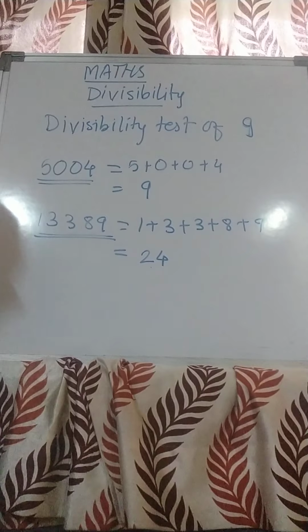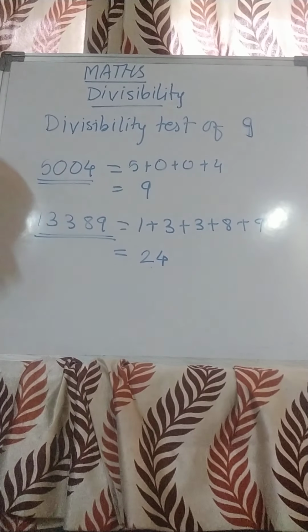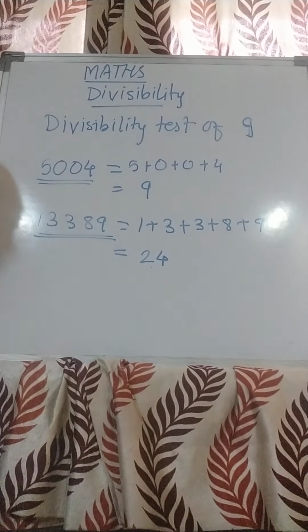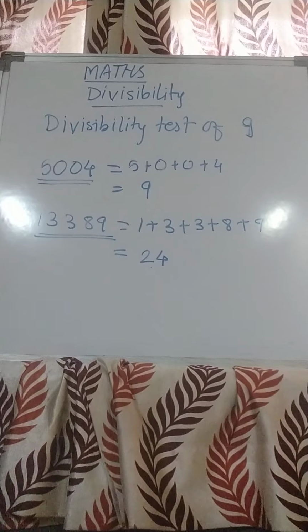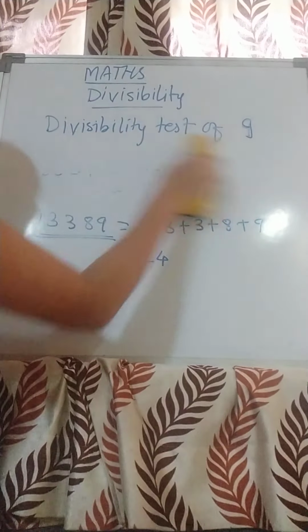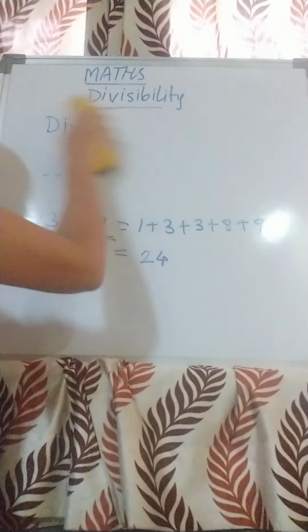Those who are not interested in drawing, or whose drawing is not that good, don't draw it. Only write the numbers, and in front of that you can write whether divisible by 3, 4 or 9. Otherwise, make it in tabular form.